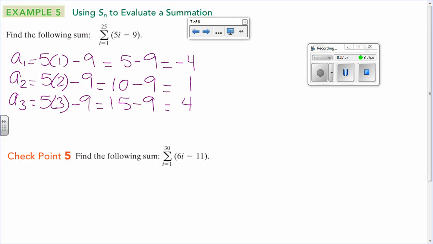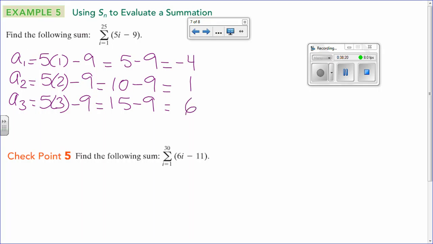Now, do we have a common ratio? No, isn't it a common difference? Let's check.